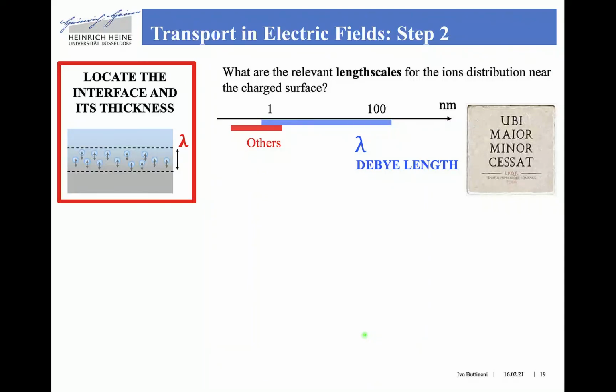In particular, the charge profile includes a large number of length scales. However, most of them are in the range of fractions to few nanometers, and are often much smaller than the almighty Debye screening length, which often goes up to hundreds of nanometers.